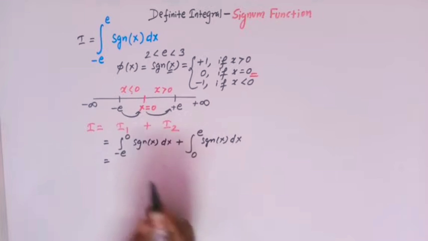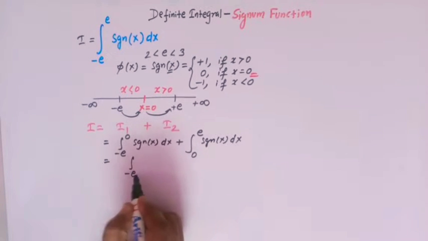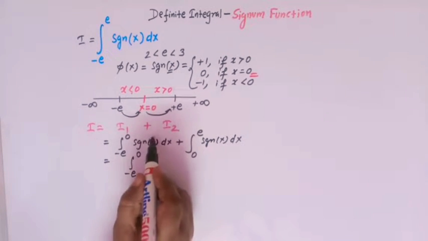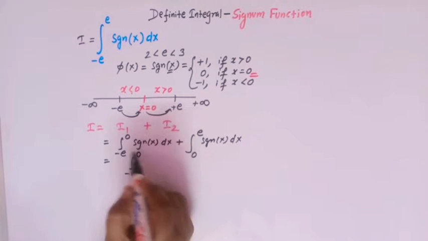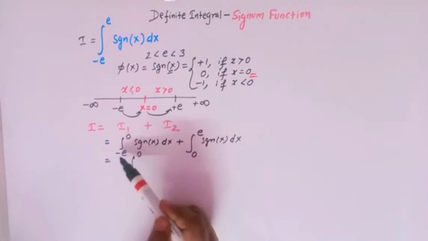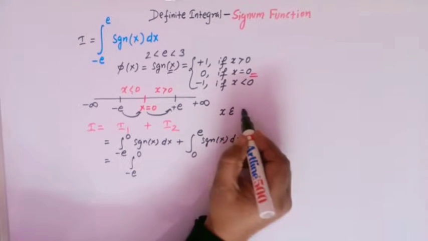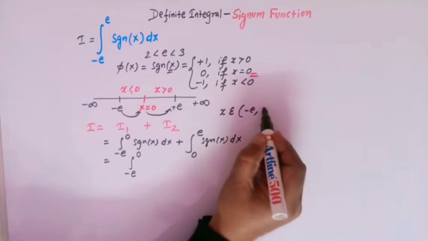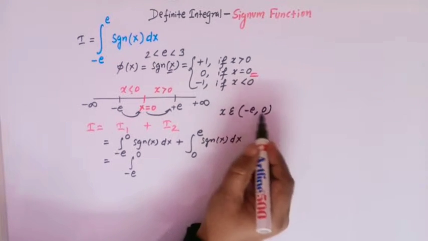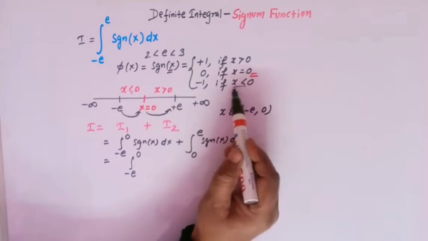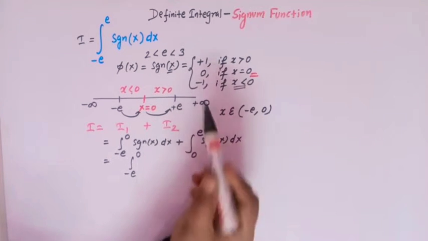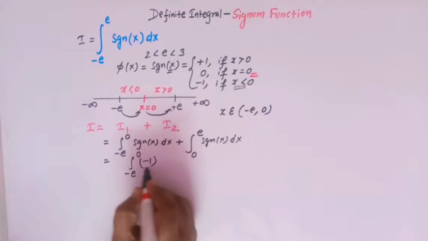Now we can write the integral from minus e to 0 of signum of x. All the values of x which belong to the interval minus e to 0 are less than 0, so signum of x takes the value minus 1.